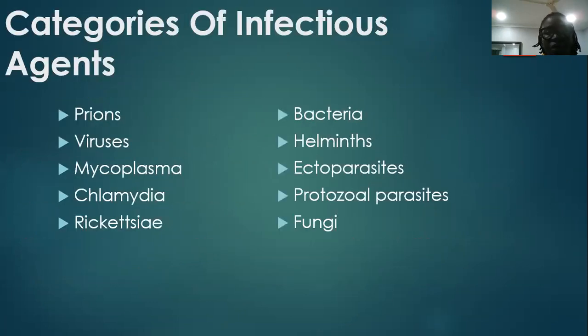So from all the work that has gone on in microbiology, we've been able to categorize infectious agents, the smallest being prions, and the largest being some helminths. A tapeworm can be as long as 3 meters. So basically, microbes range from very small to very big.